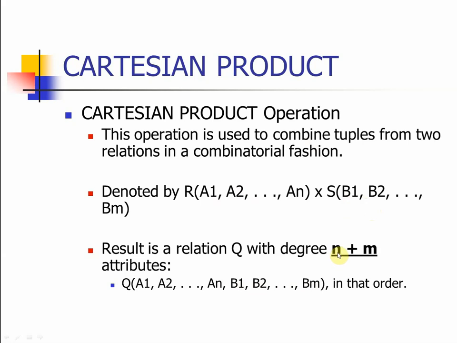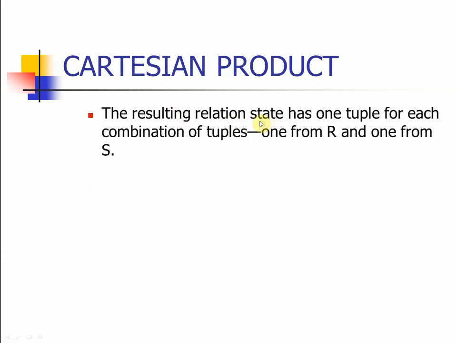That's not all; it actually does even more interesting things, as the next slide shows. The resulting relation state has one tuple for each combination of tuples, one from R and one from S. What does that mean?